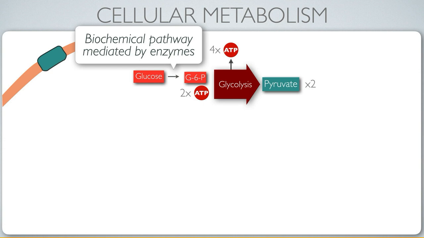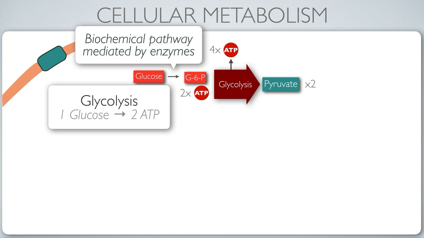But first of all, glycolysis, the bottom line here is that we made an investment of two ATPs and we got 4 out of it, in addition to the glucose 6-phosphate, which came from one glucose molecule. So with one glucose molecule, we get a net 2 ATP. Seems pretty good.